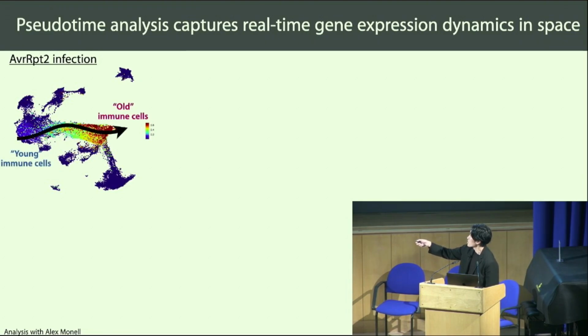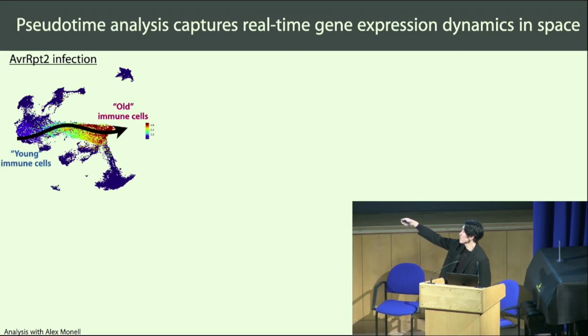So one end of the trajectory in those cells, we think that these cells are either not immune activated yet or immune activated not so long ago. So we call them young immune cells. And at the other end of the spectrum are older immune cells. They have been immune active for a long time.